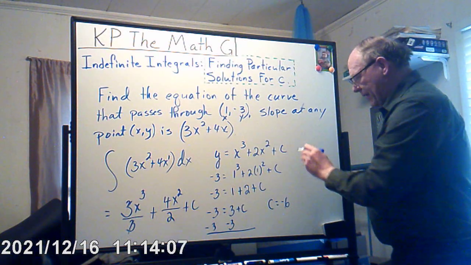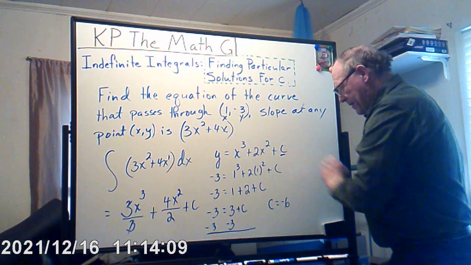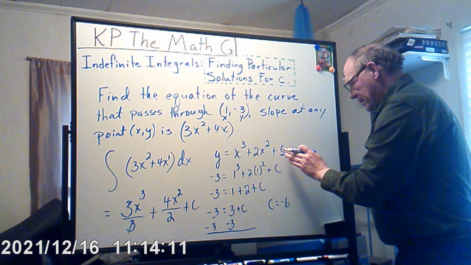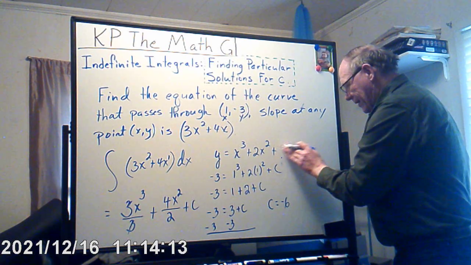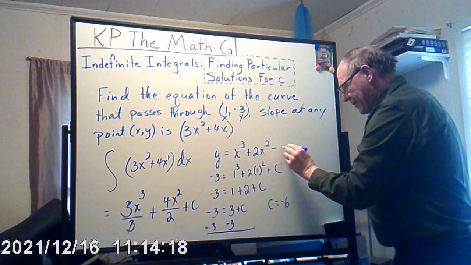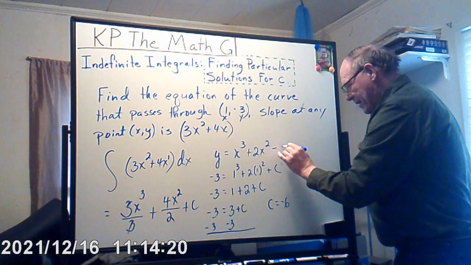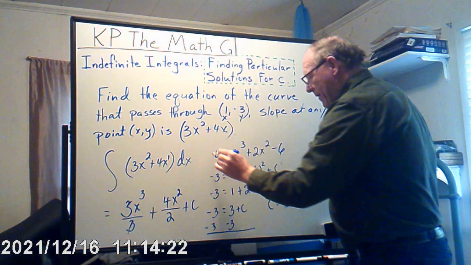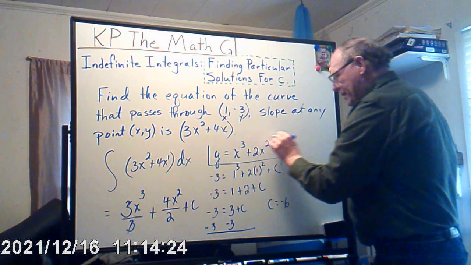So in place of this c right here, we're simply going to put negative 6. And that is our particular solution.